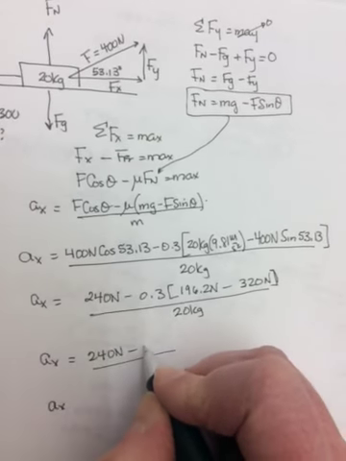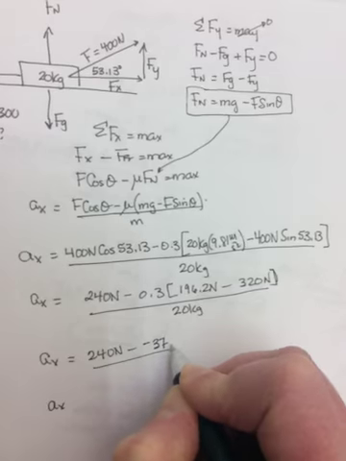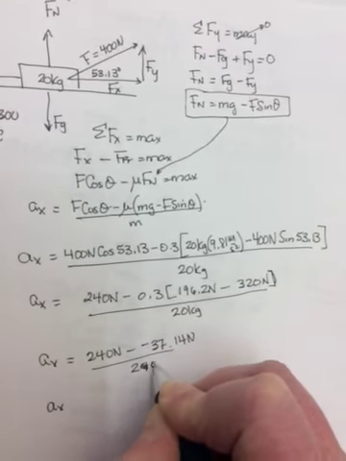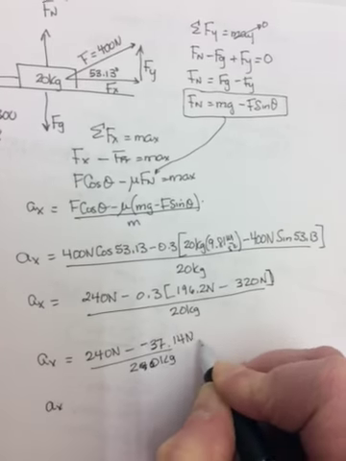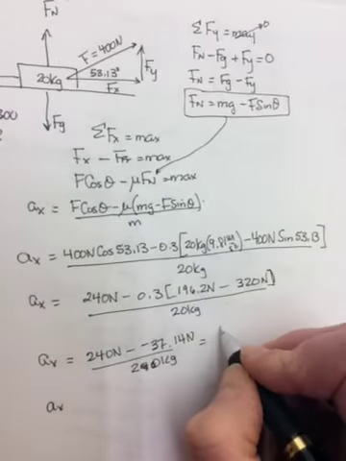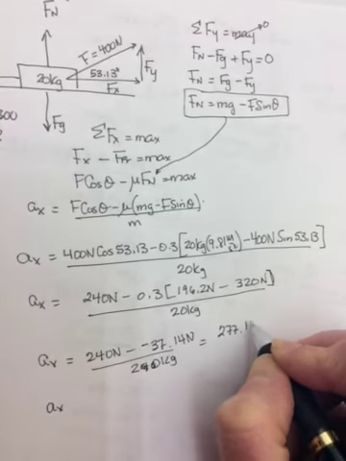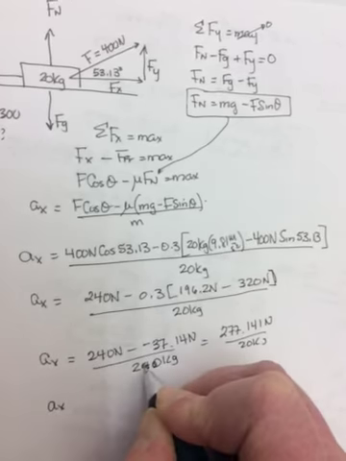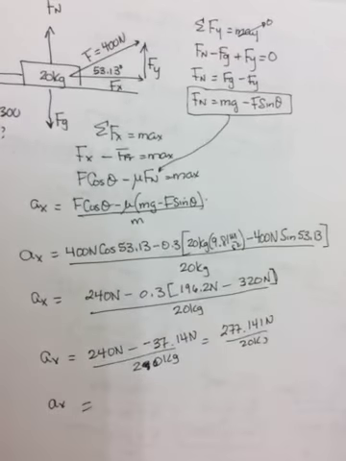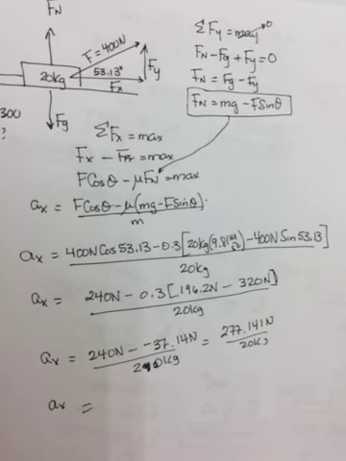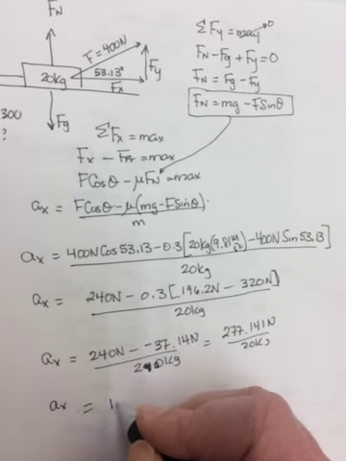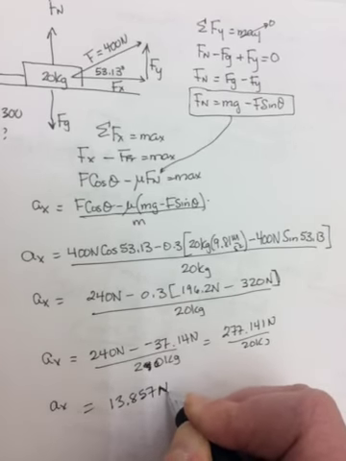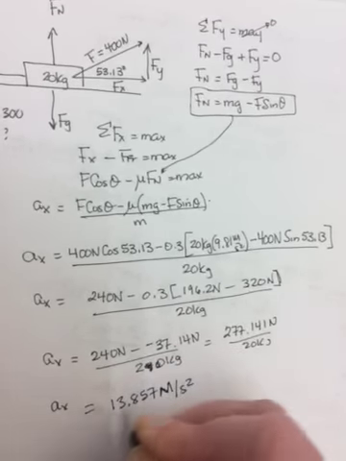So this is going to be a minus 37.14 newtons over 20 kilograms. So in the top you're going to have 277.141 newtons, on the bottom 20 kilograms. And so Ax is going to equal 13.857, like a number of you were saying in class, meters per second squared.